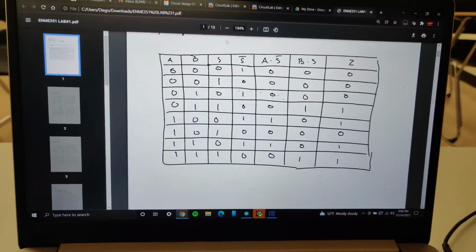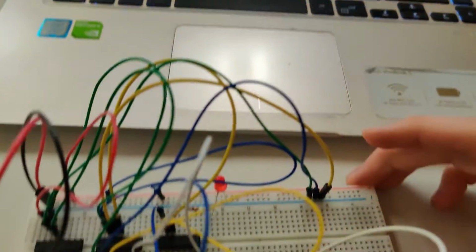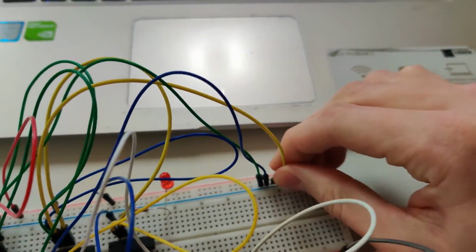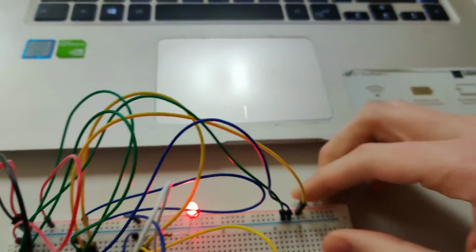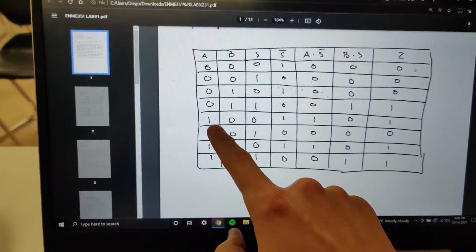And as you can see, based on the table, with A, B, and S being low, we have a low output, which is what we have right here. If we move the A wire to high, we have a high output, which would be this value right here.